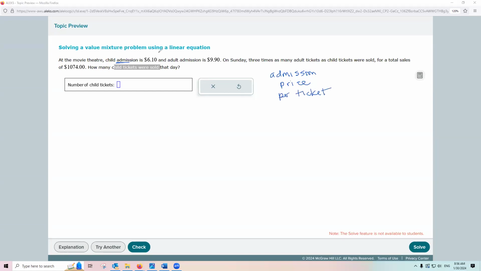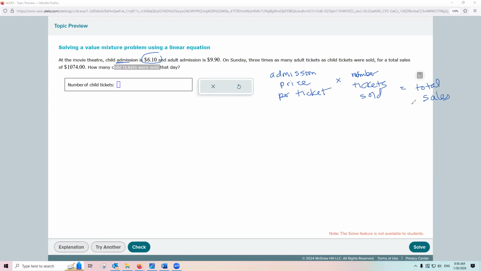For example, a child has to pay $6.10 to get in. Then there's also the number of tickets sold. If I take the admission price per ticket and multiply it by the number of tickets sold, that gets me the total sales.